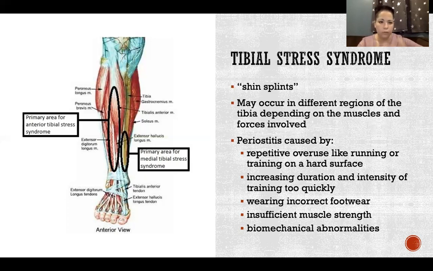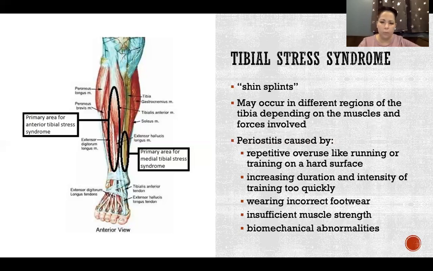And so those differences in forces will affect the likelihood of developing shin splints or not. Wearing incorrect footwear, so that the biomechanics of how your feet are working and moving, will also affect the likelihood of shin splints. Insufficient muscle strength or abnormal muscle relationships or any kind of biomechanical abnormalities in movement all could result in tibial stress syndrome.